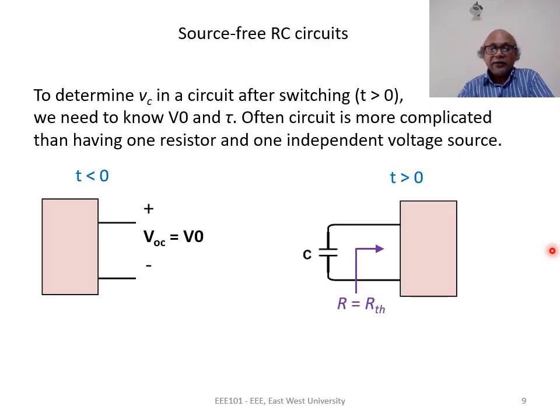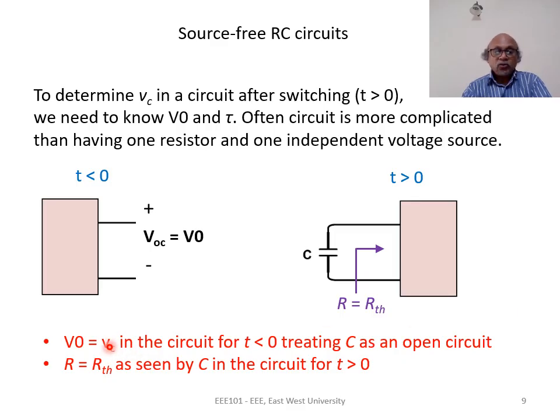To find R, we consider the circuit for t greater than 0, and R is Thevenin's equivalent resistance between the two nodes where the capacitor is connected. In the language of electrical circuits, we say that R is equal to Thevenin's equivalent resistance seen by the capacitor.